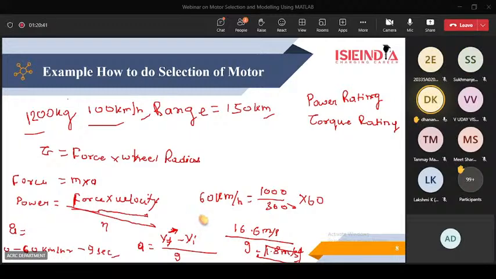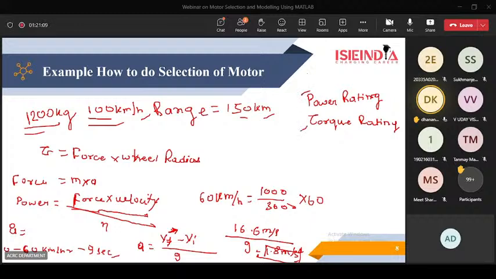Initially I have taken a vehicle of mass 1200 kilograms, with a desired speed of 100 kilometers per hour, and a range for that vehicle of 150 kilometers. I want a motor so that my vehicle can withstand this load. So this is the requirement. For motor selection, we go for the power rating as well as the torque rating.